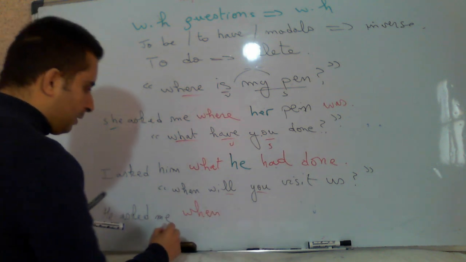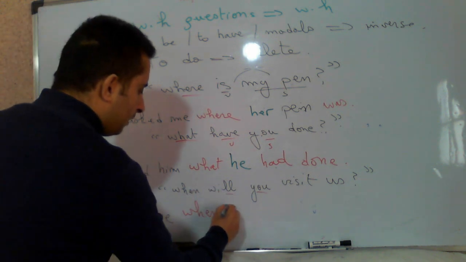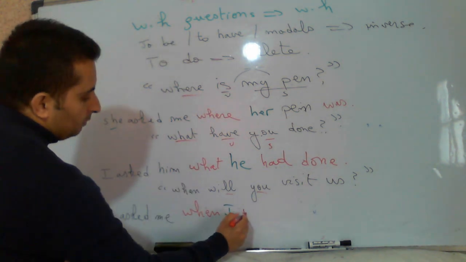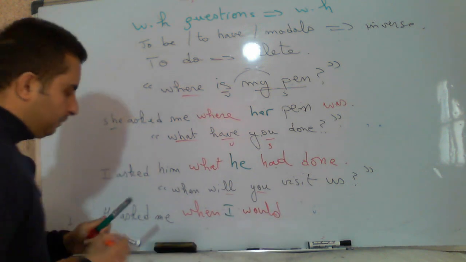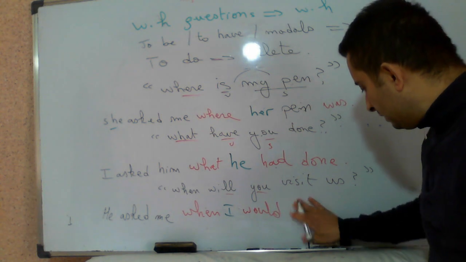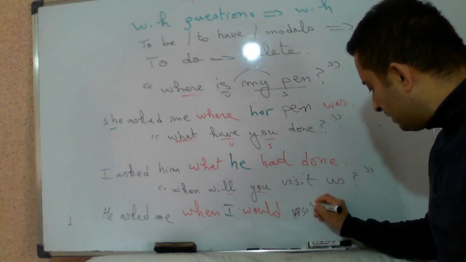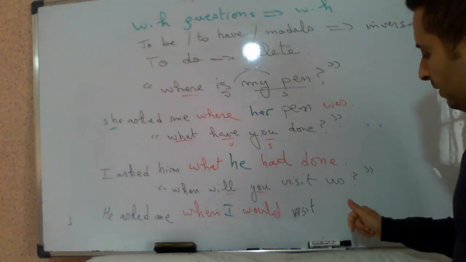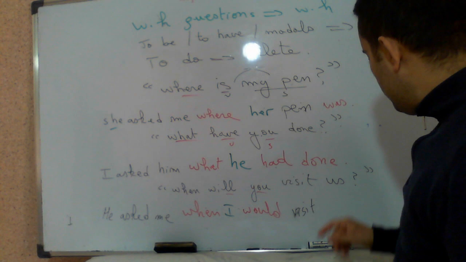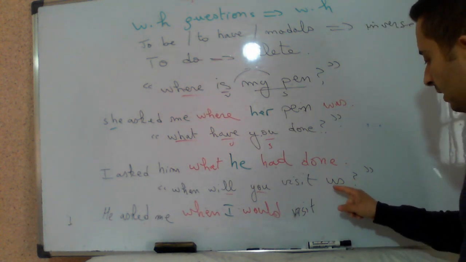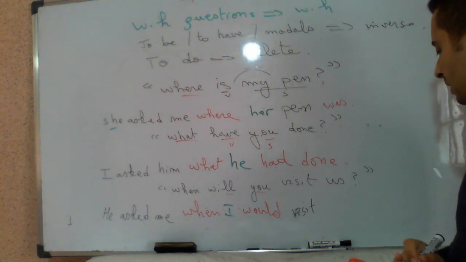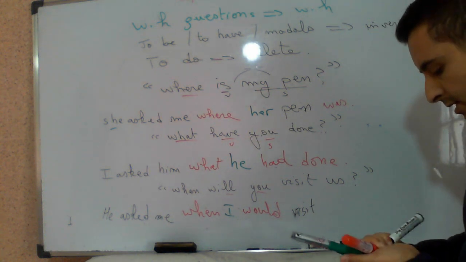Okay. You, it refers to me. So it's I. Will becomes would? Okay. Visit is not changed because we have a modal. Usually after a modal we use the bare infinitive. Us becomes them. You still remember in statements, when we have we, it becomes they, us, them, our, their, and ours, theirs. Okay.